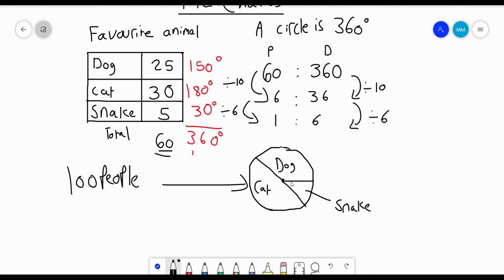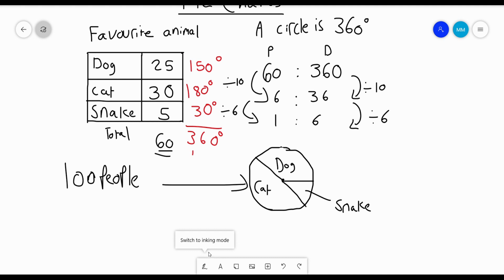Well, once again, if this was 100 people, let's change that. No, actually, swap that. Keep that. Let's say this pie chart represents 100 people. Okay. And then you're told, work out what these sectors mean.